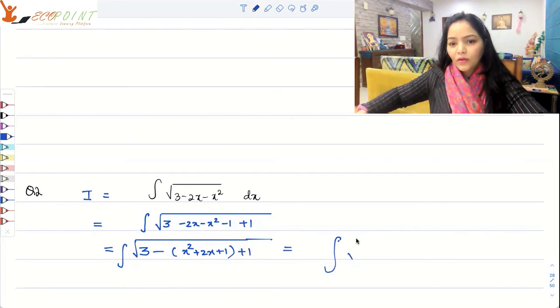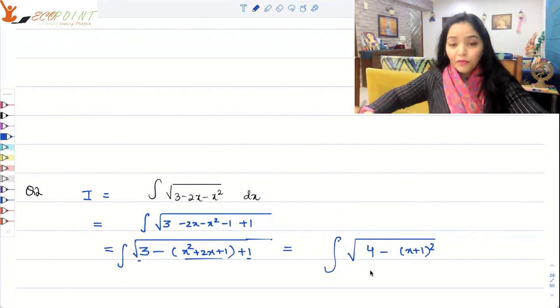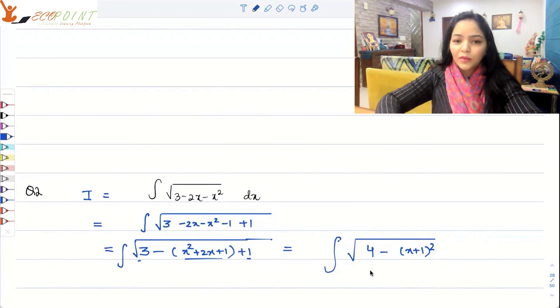So what do I have here? This is the integral of square root of, now 3 plus 1 gives you 4 minus, what do you have here? It's x plus 1 whole square, right? So you have 4 minus x plus 1 whole square, which is a square minus x square case.